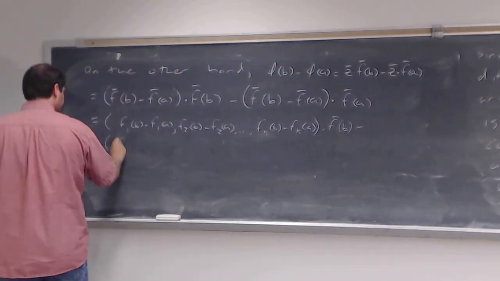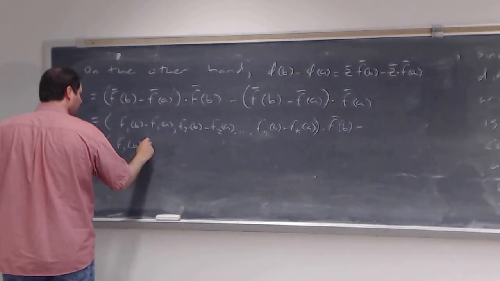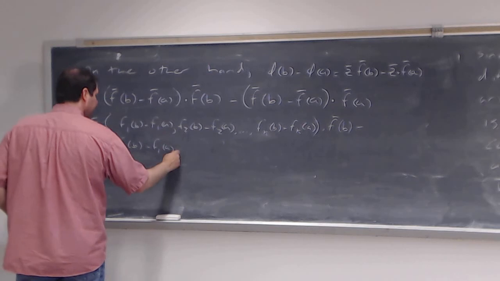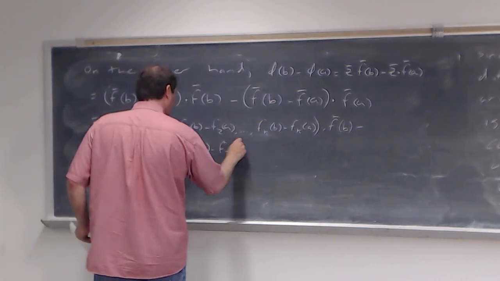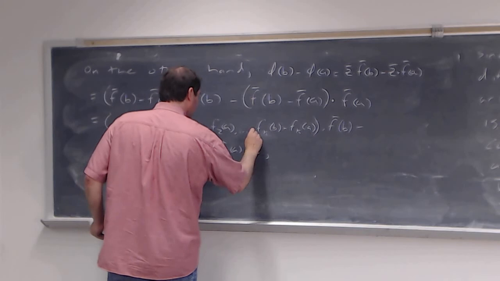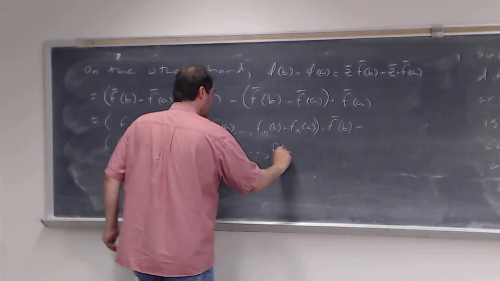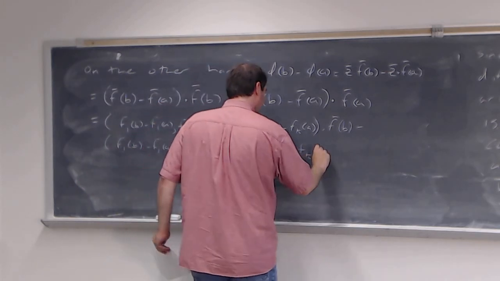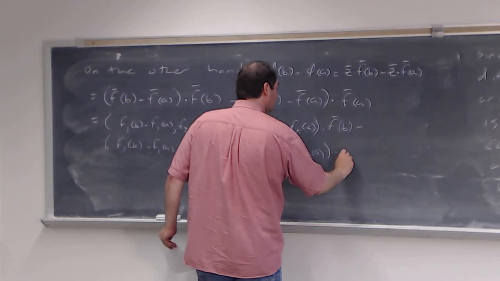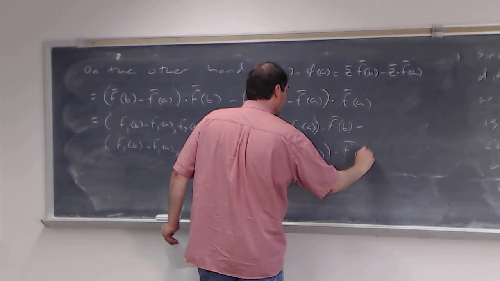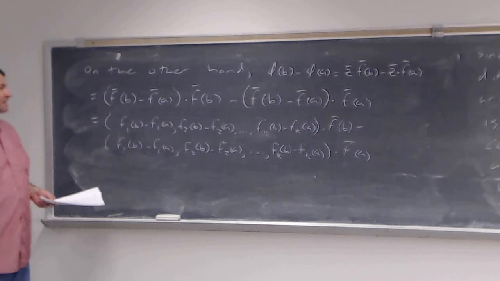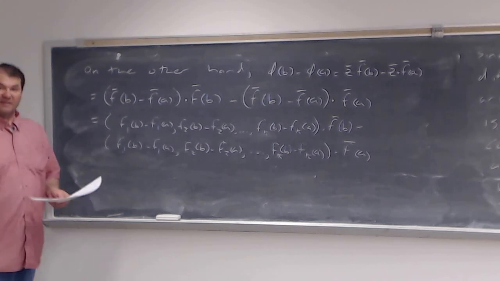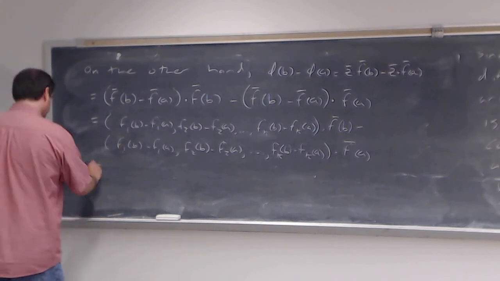Very similarly, it's F1 of B minus F1 of A, F2 of B minus F2 of A, all the way up to Fk of B minus Fk of A, inner product with F bar of A. Here's where I'm using the representation for F, having component functions.